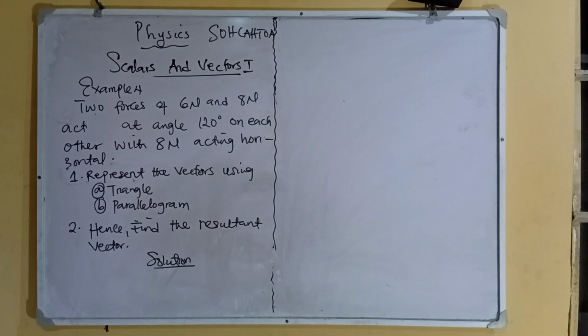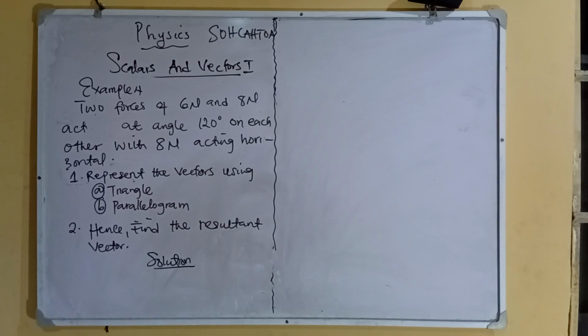When they talk about 120 degrees, you should not just draw the triangle anyhow and put 120 degrees there. You need to actually measure the angle. Even if you cannot measure it with a mathematical instrument, you need to predict. At least you know that 120 degrees is in the second quadrant, so knowing that alone should guide you.